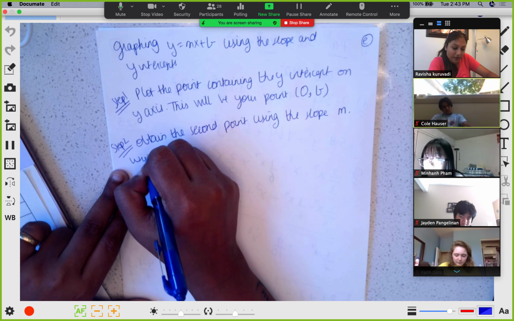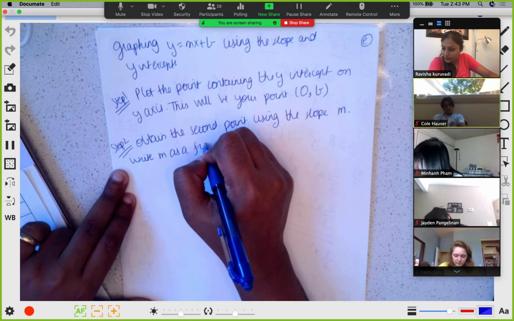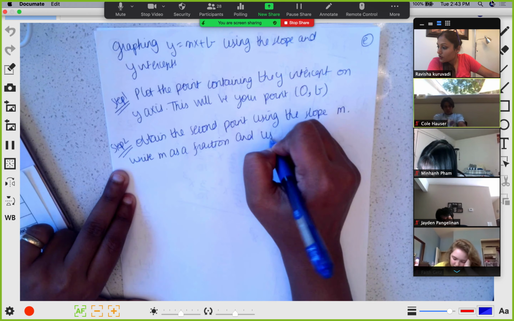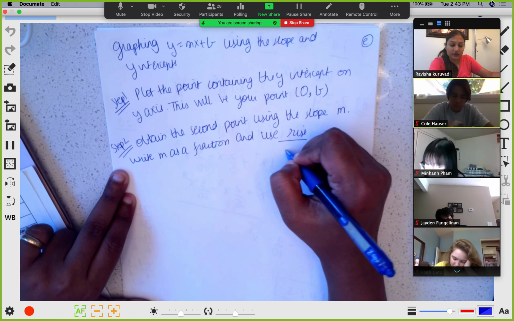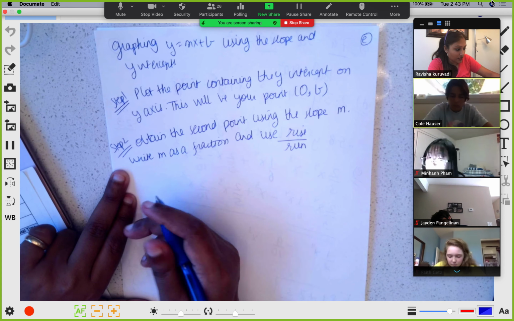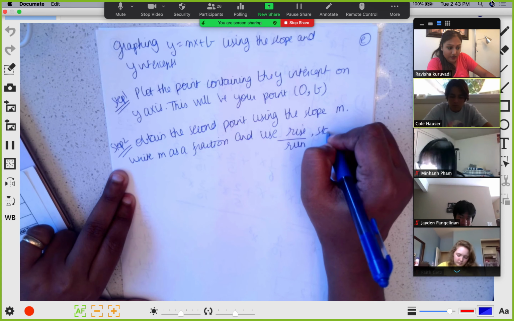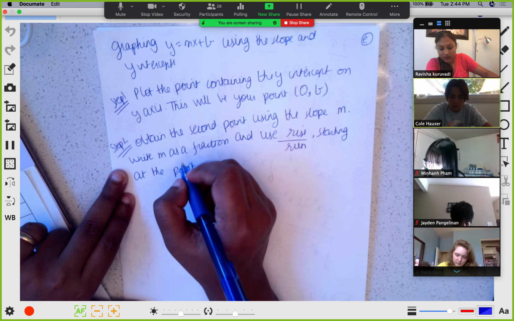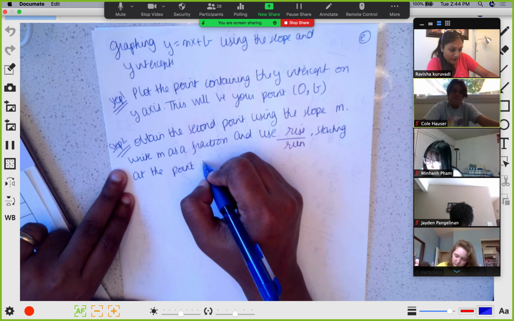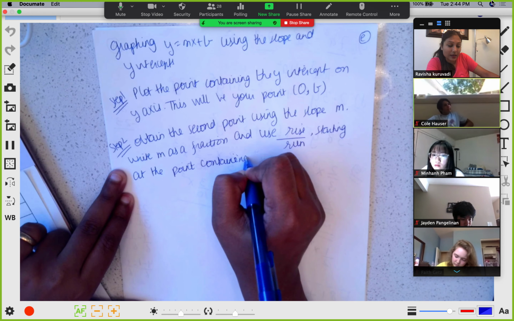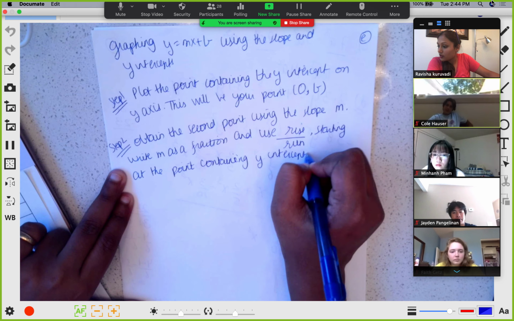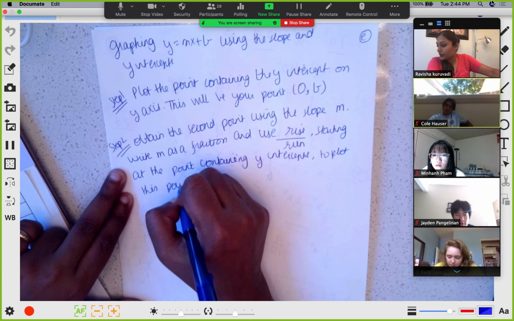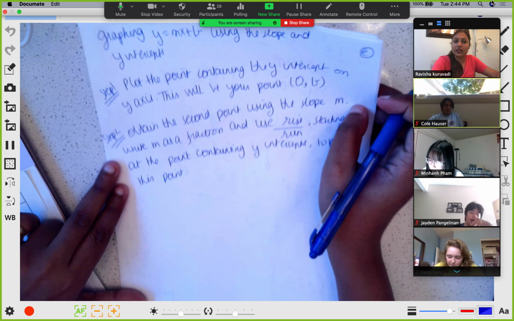Write m as a fraction and use rise over run, starting at the point containing the y-intercept to plot this point. This way you keep on doing and you get the points.